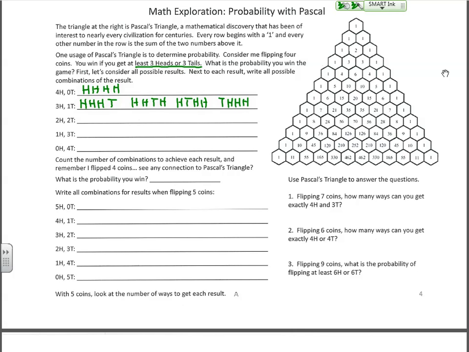This one you might want to write a little bit smaller, okay? But for 2 heads and 2 tails, what are all the possible ways for that to happen? Well, we could get 2 heads right off the bat, and then 2 tails. Or maybe we get 1 heads, and then a tails, and then a heads, and then a tails. Or maybe we get a heads, and then a tails, then a tails, then a heads.